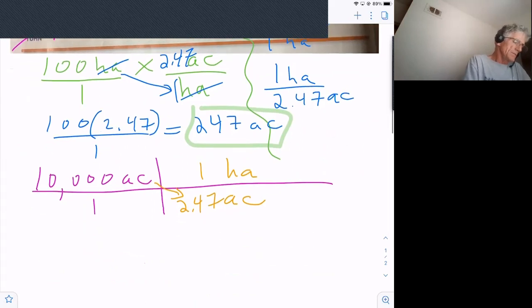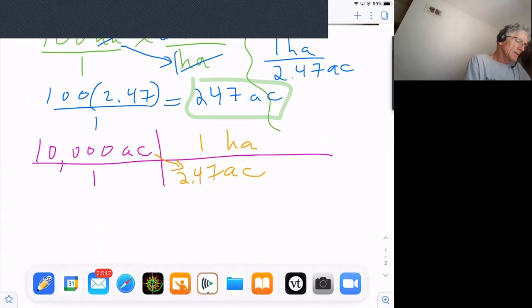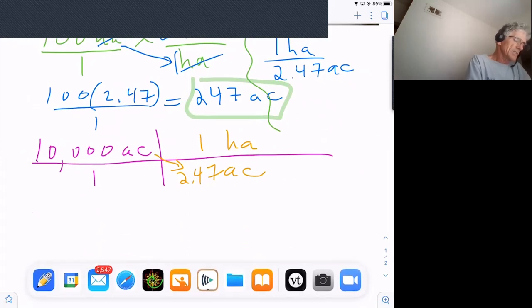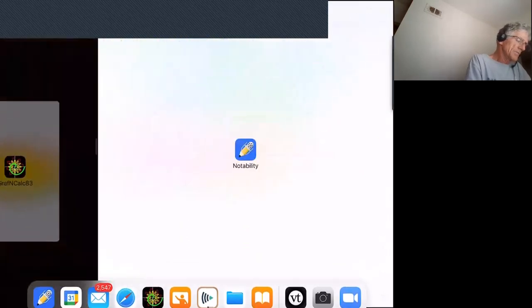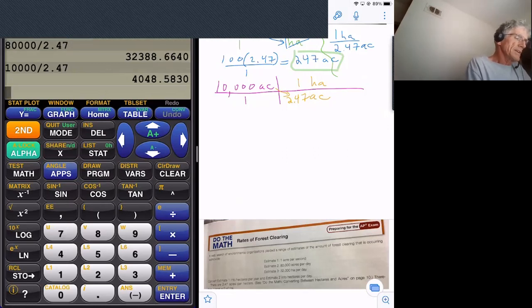Okay, let's do the math here. It's 10,000 divided by 2.47. I'm going to round that off to 3 sig digs.